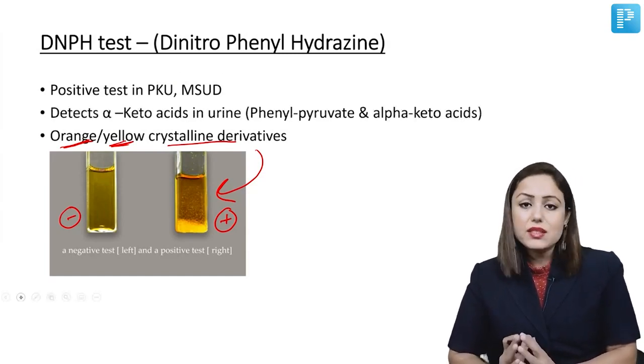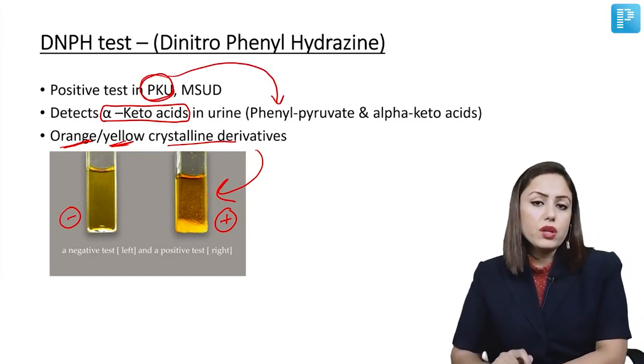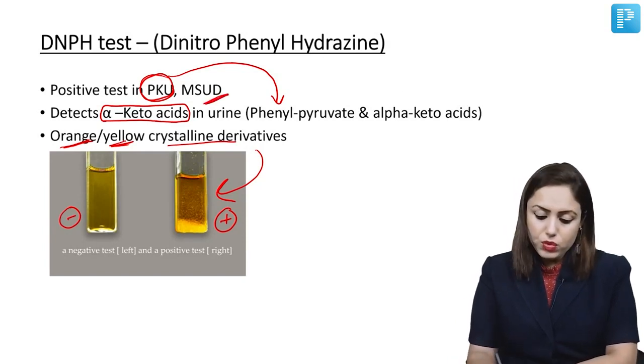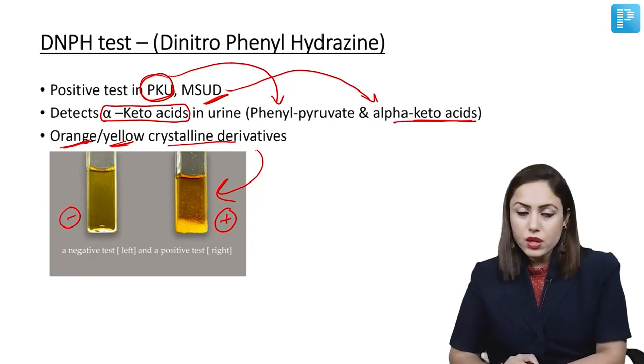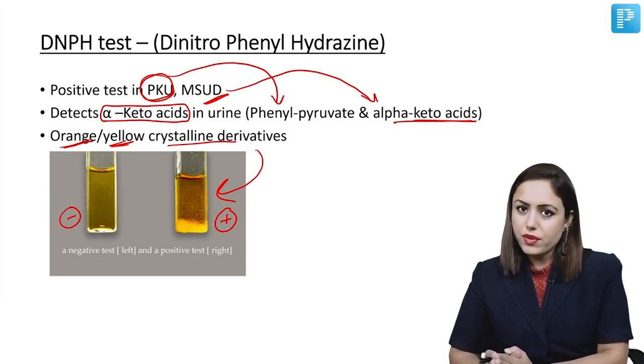This test detects alpha keto acids in urine. Now in phenylketonuria, which alpha keto acid comes in urine? That is phenylpyruvate. Then in MSUD, there are alpha keto acids coming in urine. That's why there will be DNPH test positive, right?